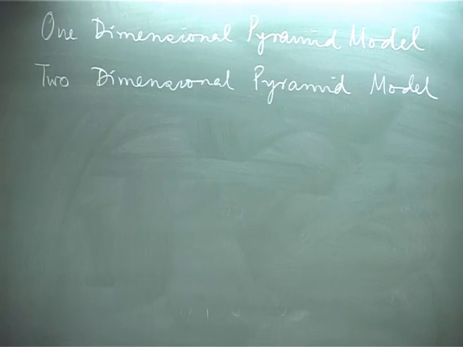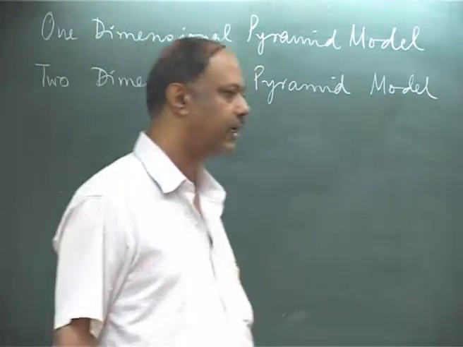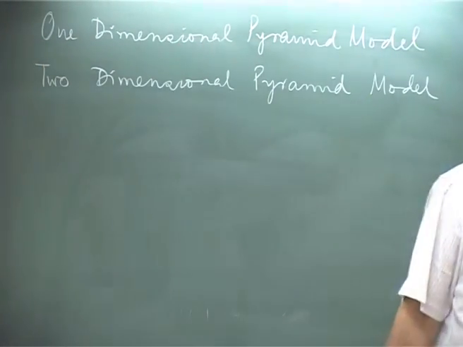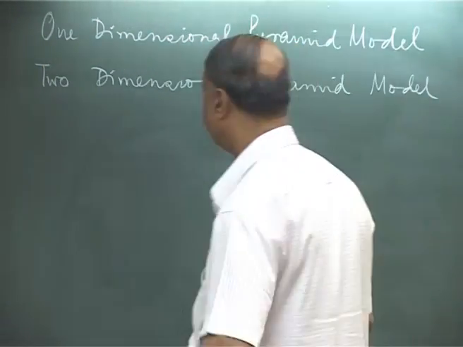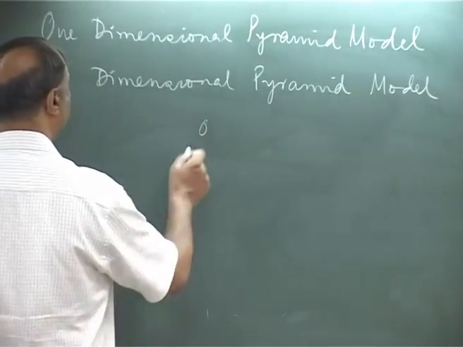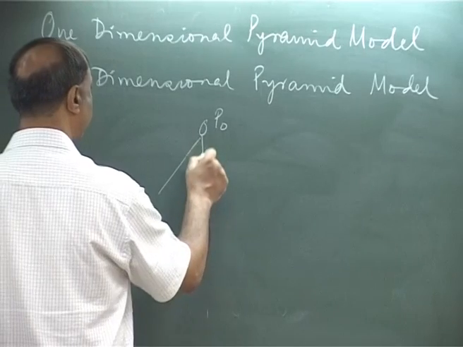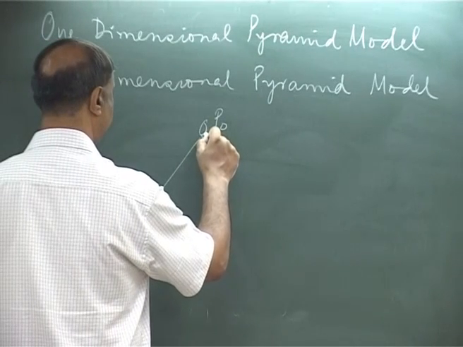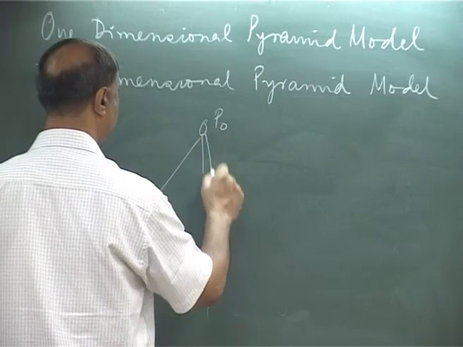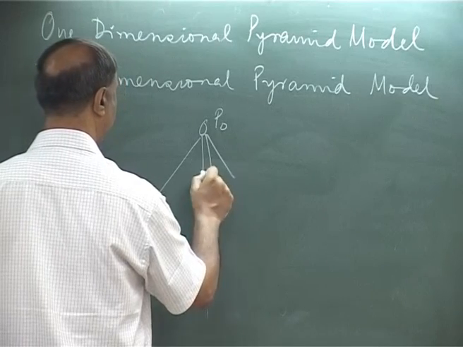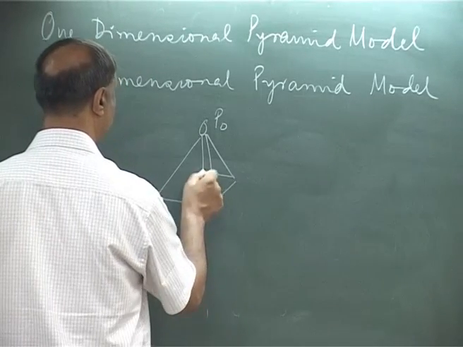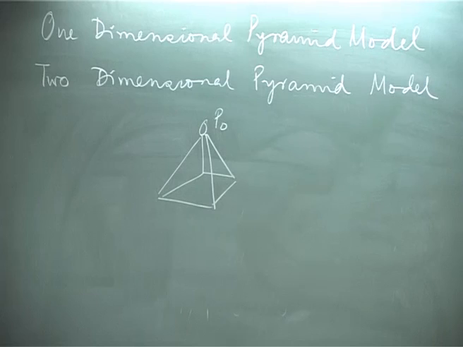And every processor Pi has at most 9 links. You remember that you have P0 and it has 4 children.